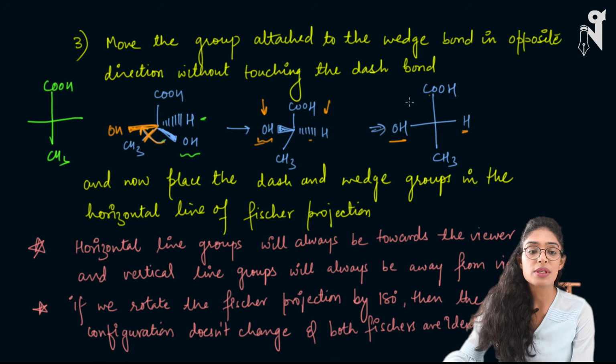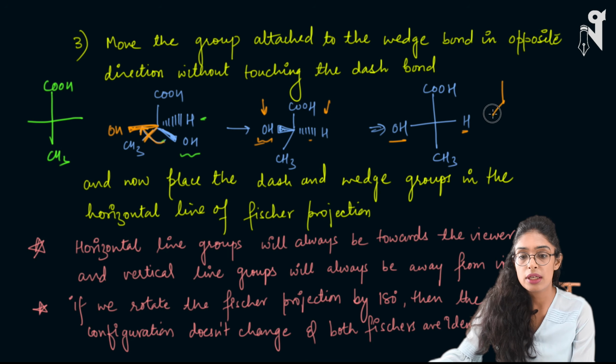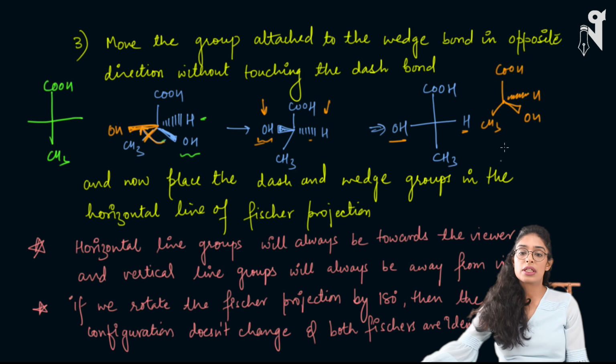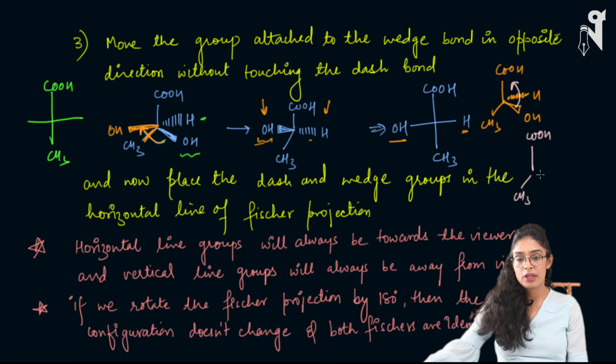You will never make this mistake. You will never move the molecule in this way. Let me show you what I'm talking about. This is COOH, this is CH3, this is hydrogen, and this is OH. I have seen people making this kind of mistake, that they move OH to this side and then write it as COOH, CH3, dash and OH.